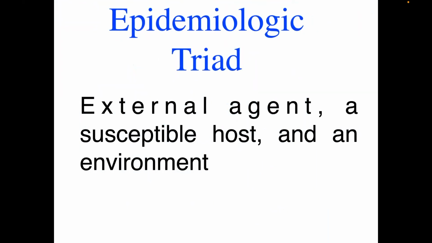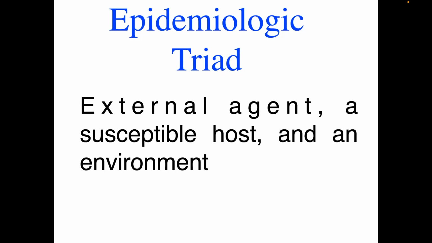Next, what do we call this concept in epidemiology where there's an external agent, a susceptible host, and an environment? So there are three: agent, host, and environment. This is what we call the epidemiologic triad.